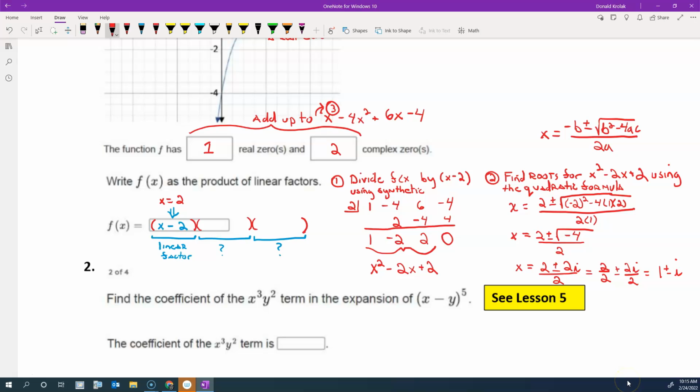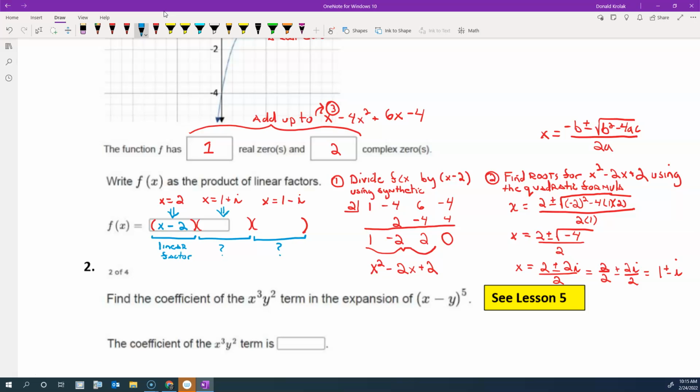Now that's the solution for the next linear factor, 1 plus i. And the solution for the other linear factor is 1 minus i. Now you can write out your linear factors.